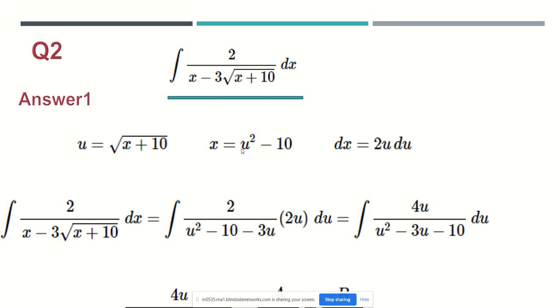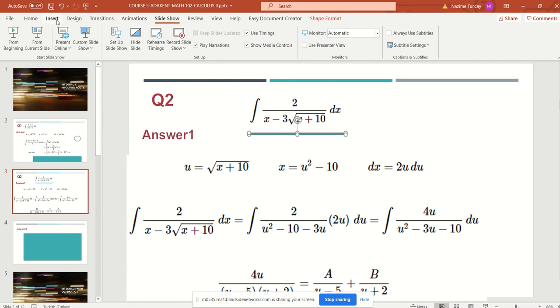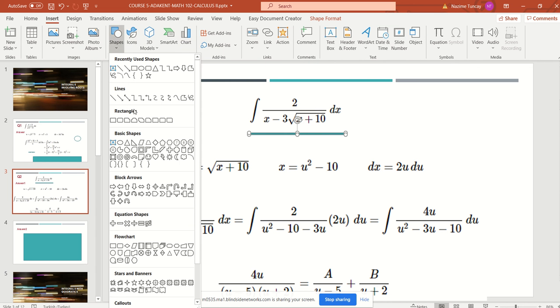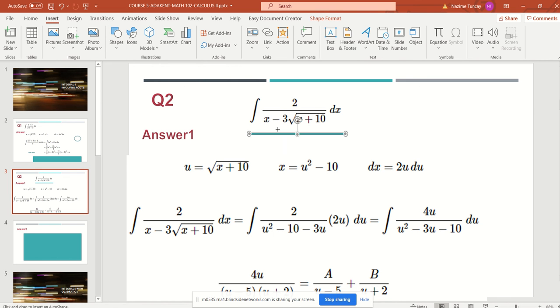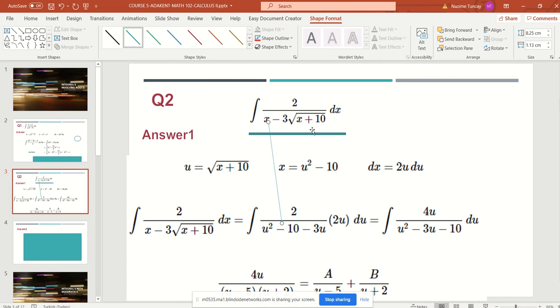You see that instead of this x, I have here u square minus 10. Okay, and this is how I do it.